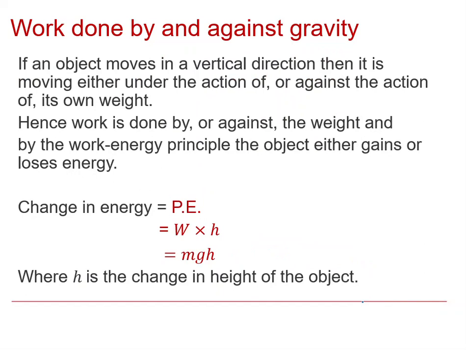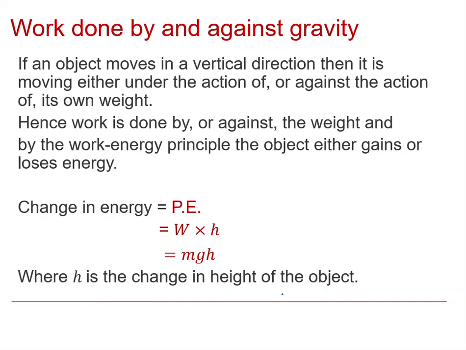Now, if an object moves in a vertical direction, then it'll either get faster because it's coming down, like a stone dropped, or it will need an effort from some other agency to push it upwards, or it'll need some kinetic energy so that it's already travelling upwards. These are situations which we aim to analyse by using potential energy. Potential energy is always concerned with work done against gravity. Why against?